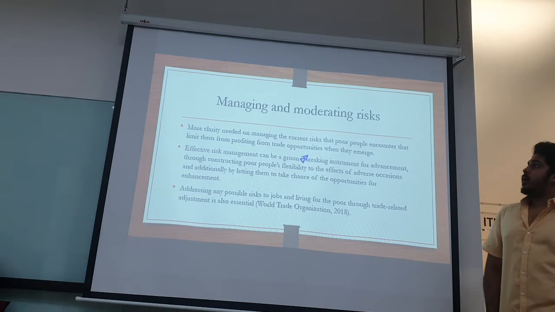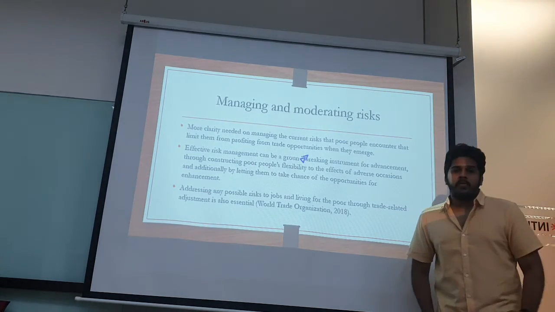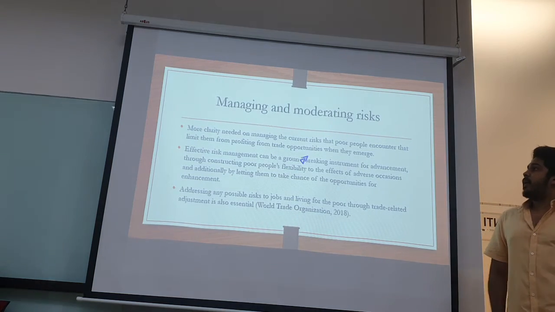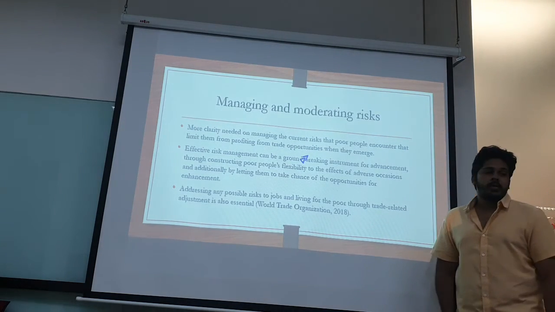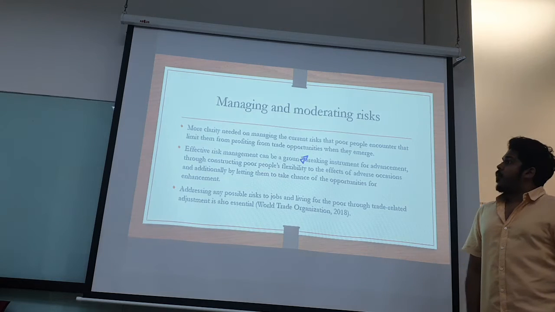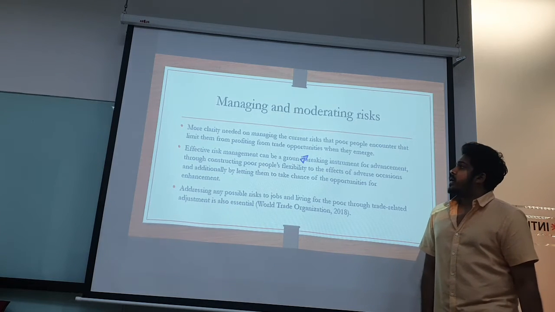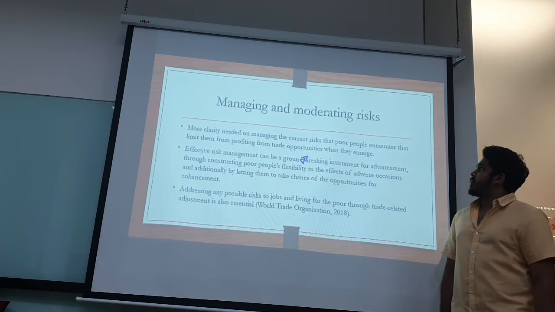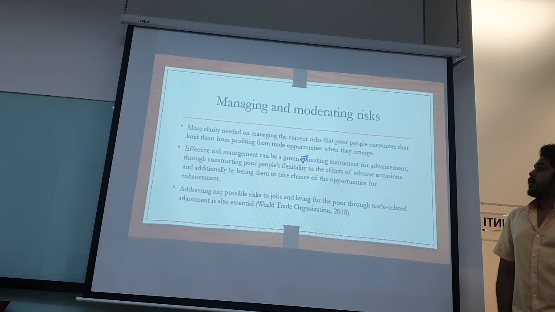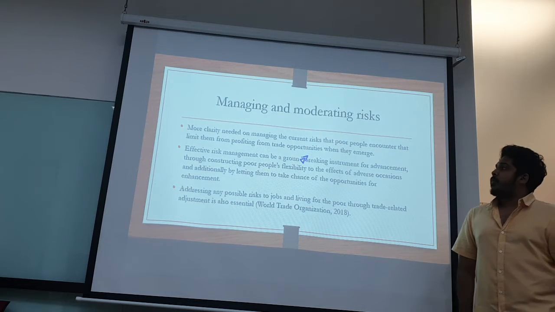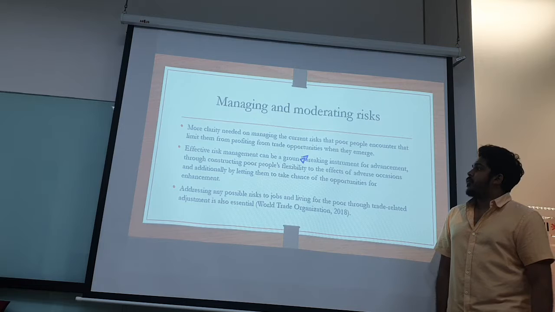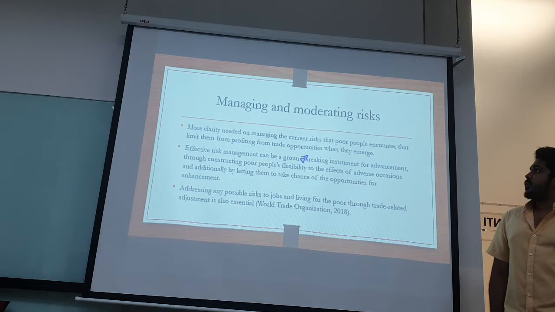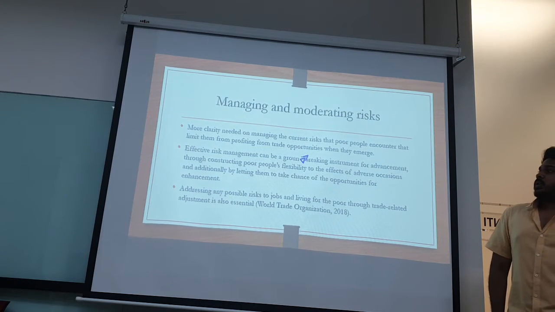So another way we can reduce poverty is by managing and moderating risk. More clarity is needed on managing the current risks that poor people encounter that limit them from profiting from trade opportunities when they emerge.